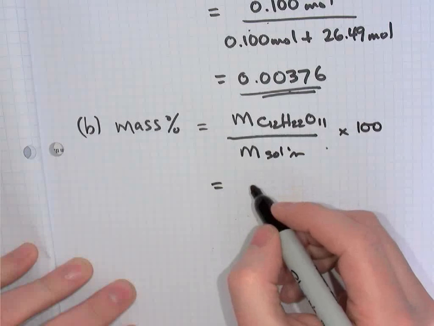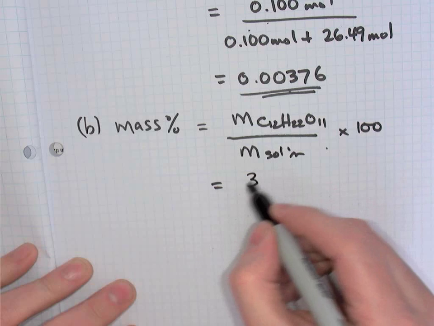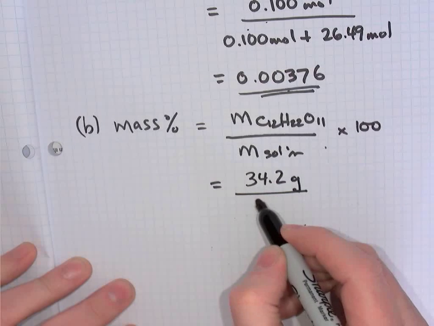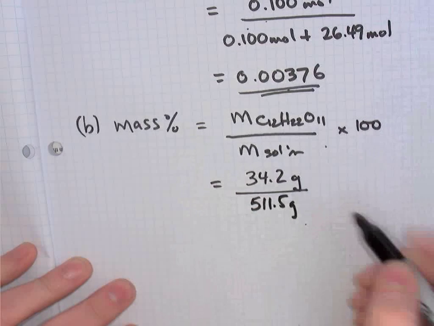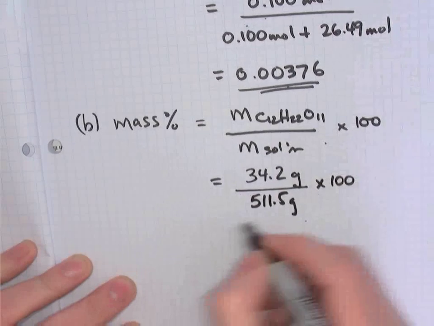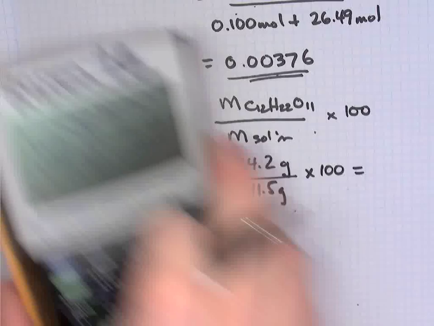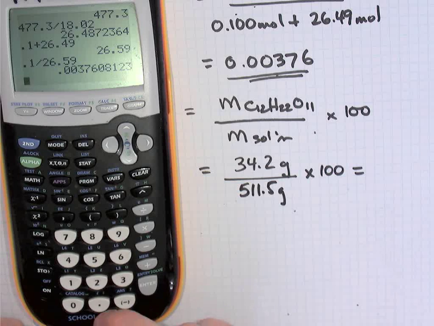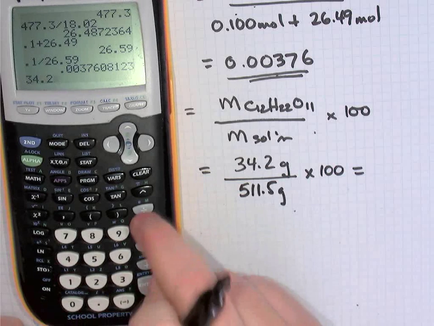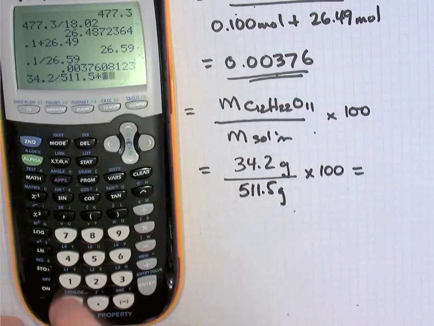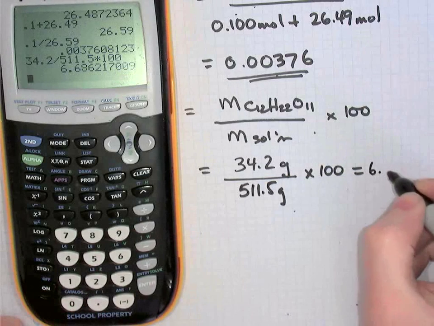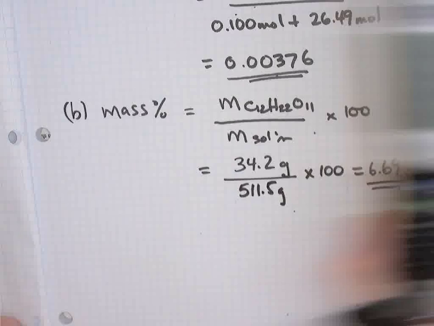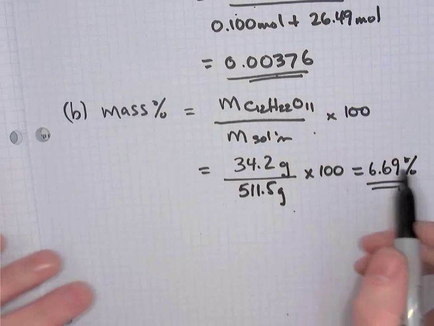So there was 34.2 grams of sucrose, and there was 511.5 grams of solution. One thing that I think is obvious, I didn't say it earlier, is that when you're doing a mass percent, the mass units have to be the same, right? You can't divide grams by kilograms. So 34.2 divided by 511.5 times 100 is 6.69, 3 sig figs, percent. So that solution is 6.69% by mass.